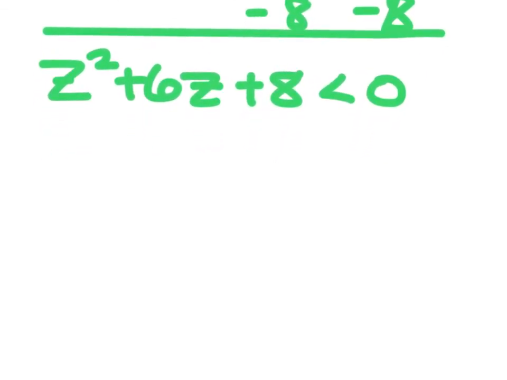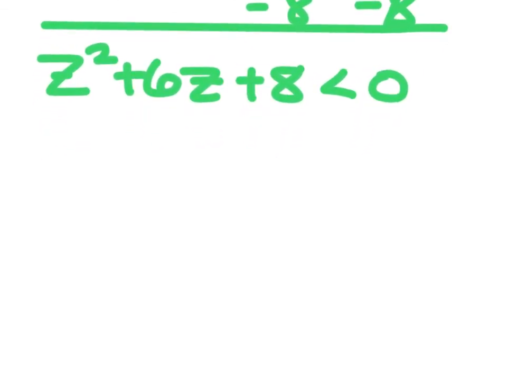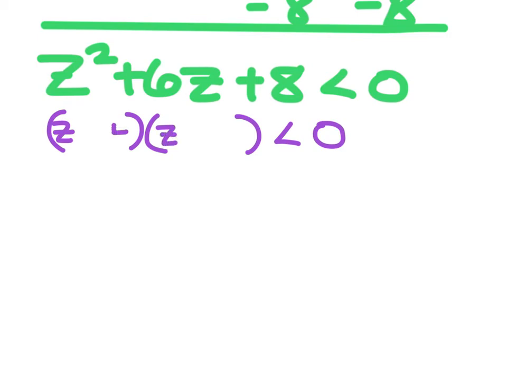There's a lot going on here, guys, starting with the fact that I have to factor. So I'm going to factor this down to z, how about a 4 and a 2? So plus 4, plus 2. Gorgeous. Now instead of setting each of these less than 0, that's not what we do.